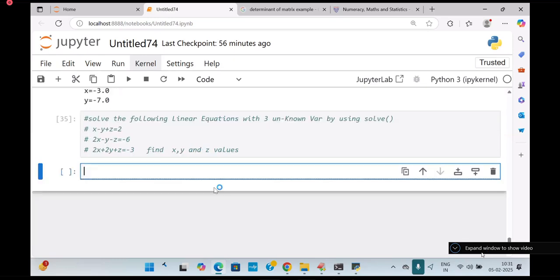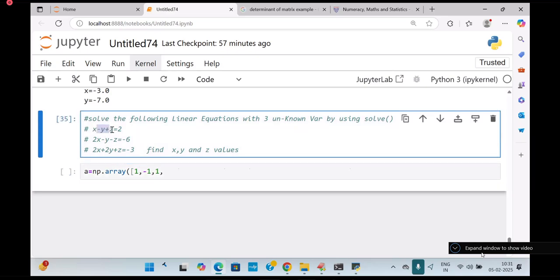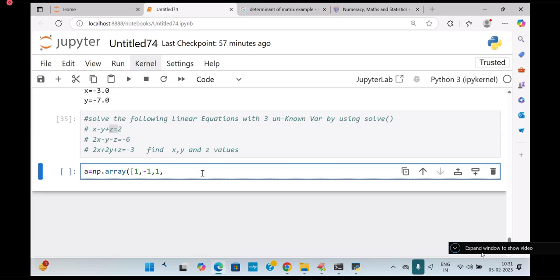Start up. Come on. A is equal to np dot array of, directly take all values: 1 comma minus 1 comma 1 comma. Suppose here minus y plus z is there, what should I take in the x place? 0. Suppose x plus z is there, what should I take in the y place? 0. Minus 0 or plus 0, that is 0 only. It doesn't make any difference. Next, 2 comma minus 1 comma minus 1.